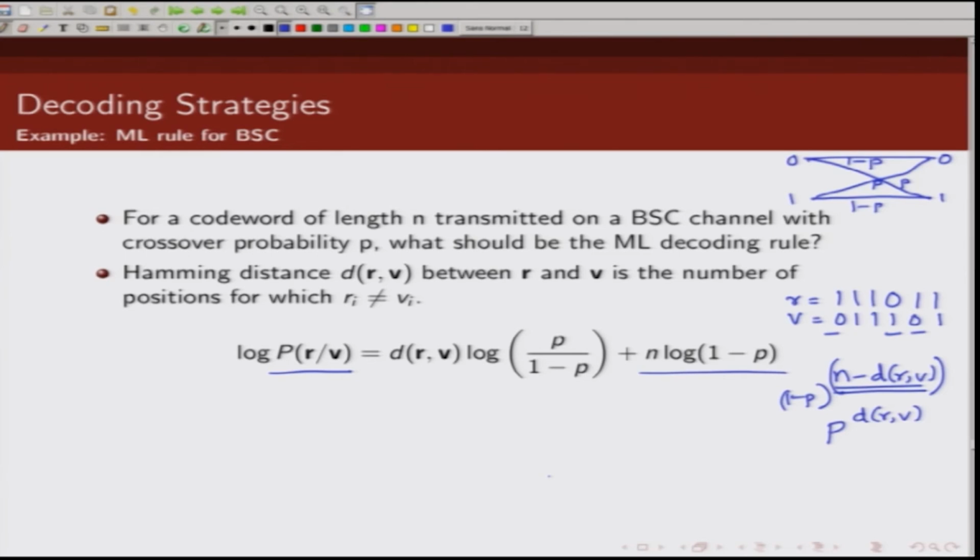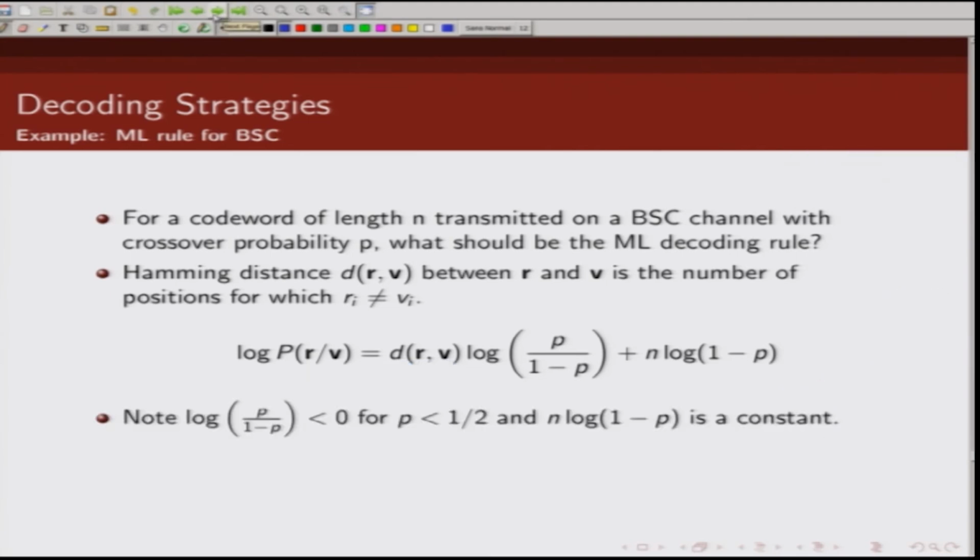So, what we get then is, to maximize this, we have to maximize minus of d_rv, correct? So, a maximum likelihood decoder will choose a v such that minus of d_rv is maximized. In other words, we should choose a code word v in such a way such that d_rv is minimized. When d_rv is minimized, then only minus of d_rv will be maximized.